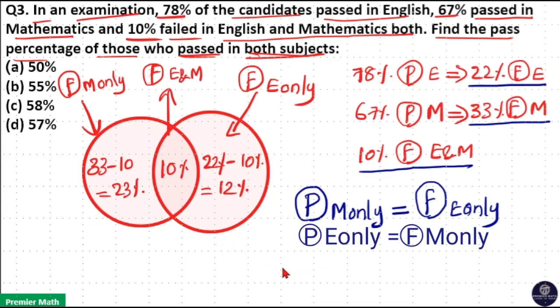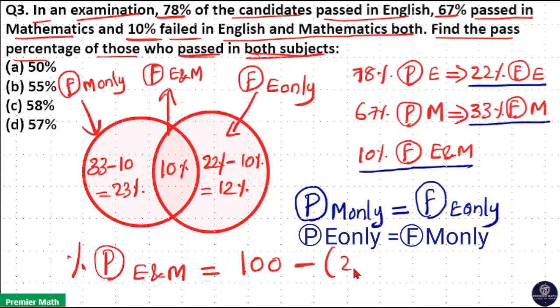So, that means the remaining students, that is percentage of students who passed in both English and maths, is equal to total 100 minus the data of students who failed maths only, 23%, plus students who failed English only, 12%, plus students who failed both English and maths, 10%.